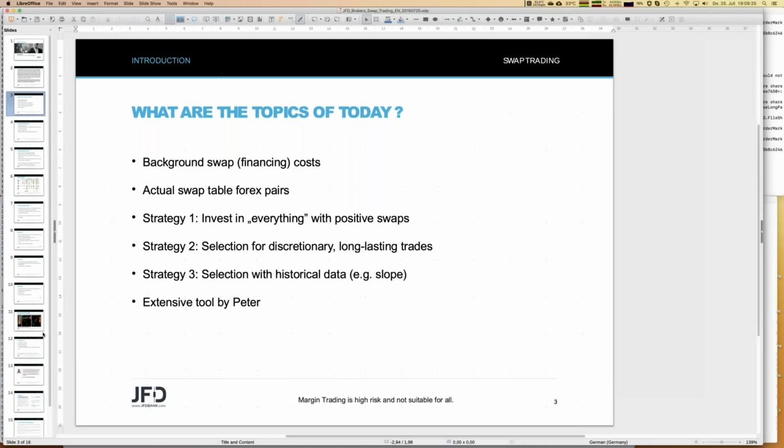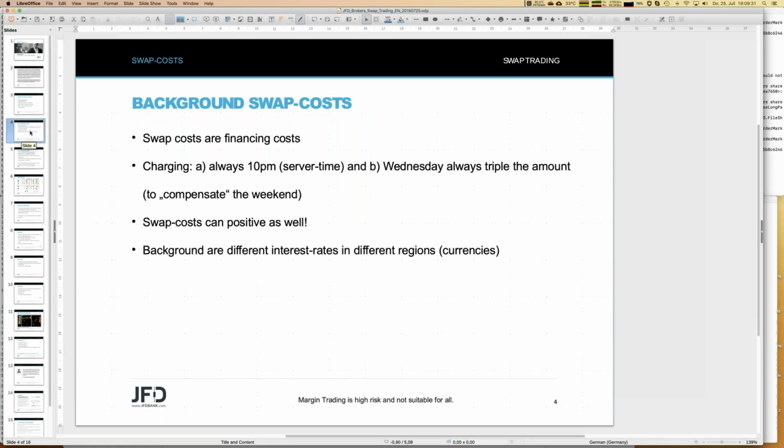But let's go back to the topic, the background of swap costs. Okay, in principle, swap costs are financing costs. It's to some extent like, okay, I lend money and I have to pay interest rates. That's quite obvious. I mean, in normal days, when we have interest rates, let's say at 2% or 3%, and not at more or less 0%, at least in Europe, then I can explain swaps already with a very simple trade.